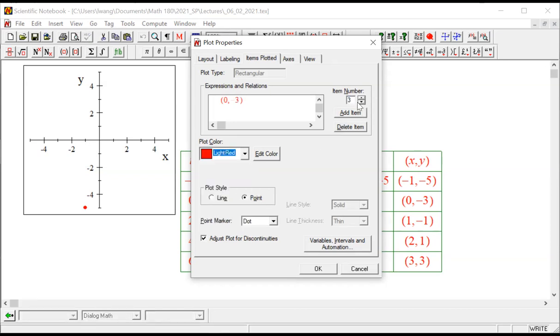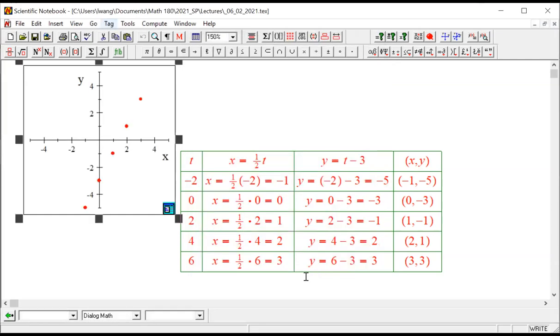Red dot. And (2, 1). And one more, (3, 3). You can see we can plot the points forever.